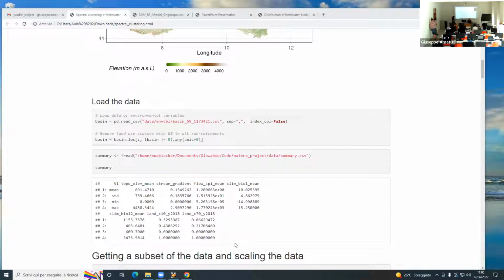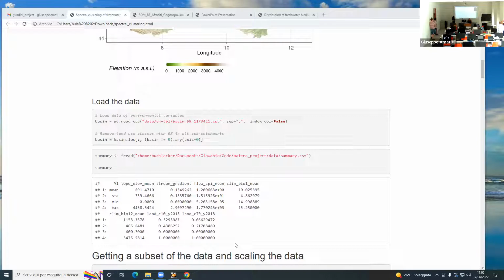Then I use the bioclim data, 19 variables. For example, one of these variables is the mean annual temperature or the mean annual precipitation. You also have information about the coldest and warmest months in the year, and also climate seasonality.